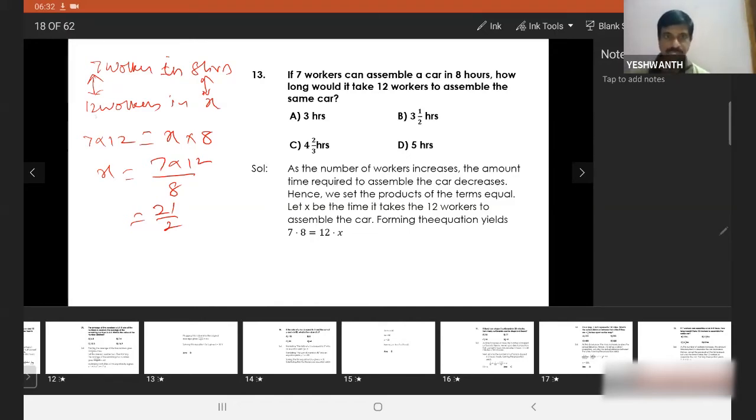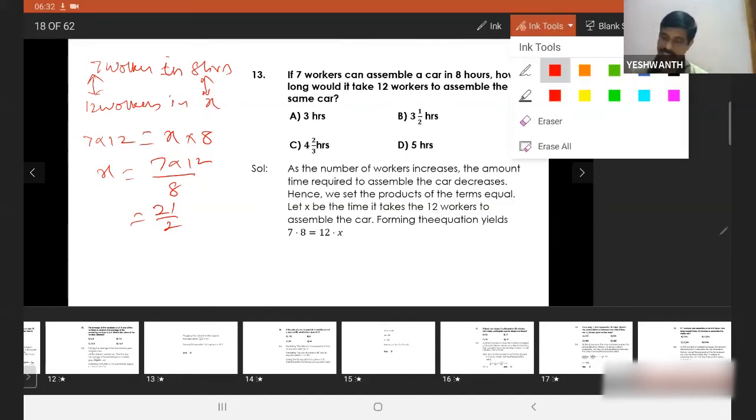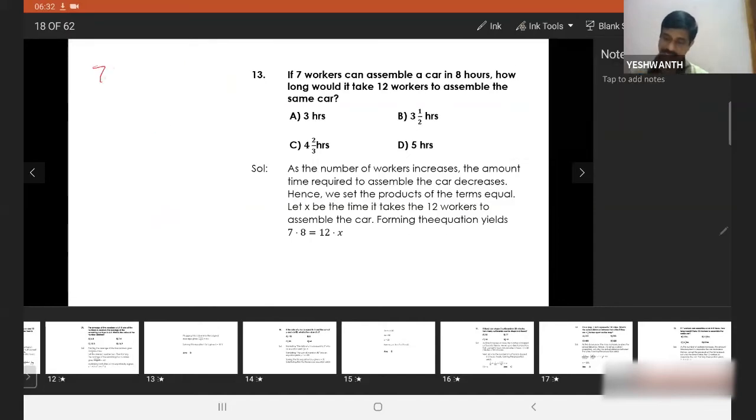This is 12 workers. 7 workers can assemble a car in 8 hours. So the number of workers we are multiplying, sorry. So let us take this one: 7 workers in 8 hours and 12 workers in X hours.